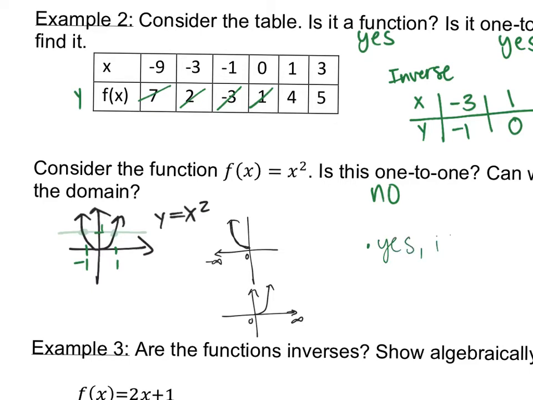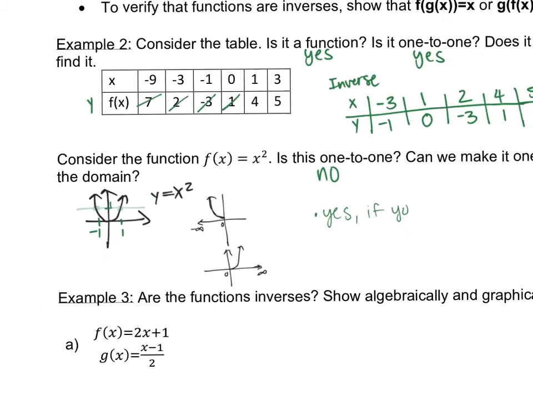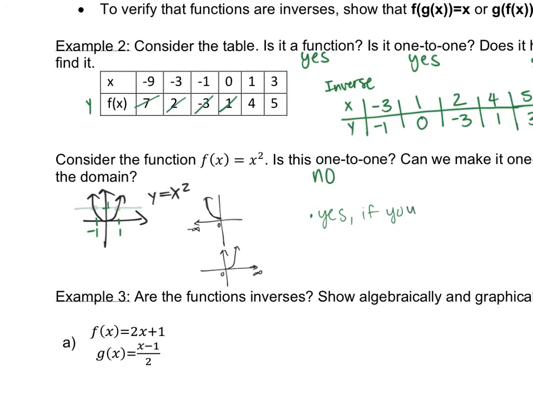So I'm going to say yes. Let me zoom out for a sec. If you restrict the domain as x greater than or equal to 0, so from 0 onwards, you could restrict it this way, or you can restrict it as x less than or equal to 0, so from negative infinity to 0.